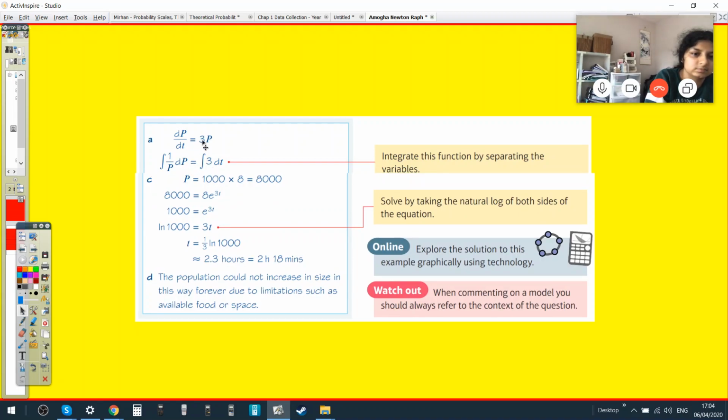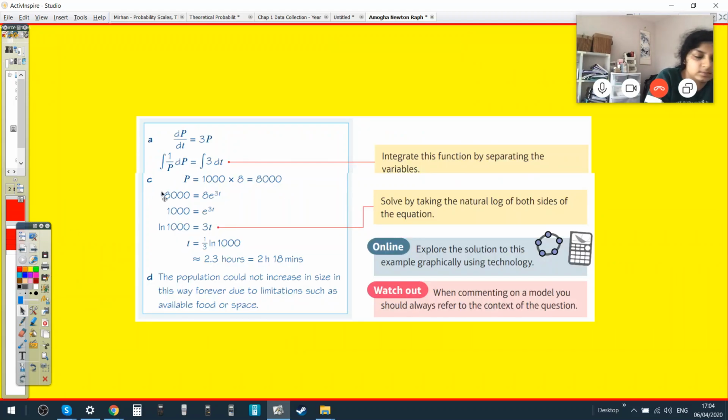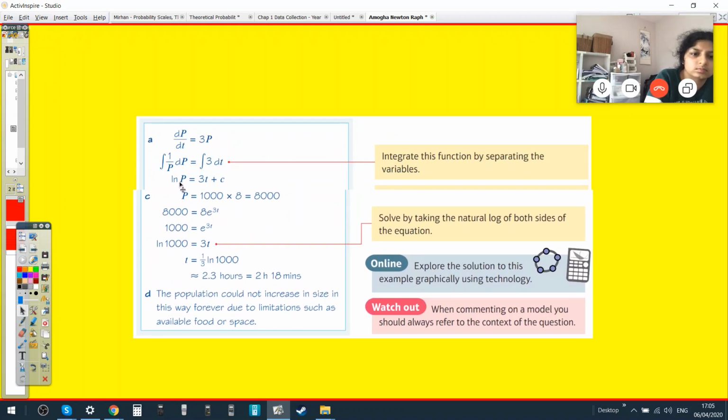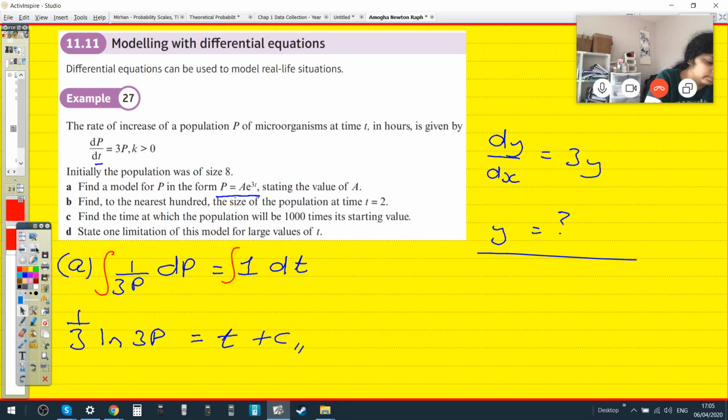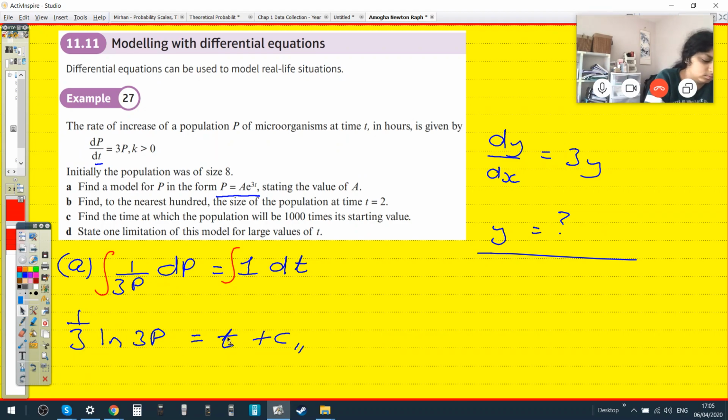Why is that 3? Oh, I did it slightly different. That might make things a bit simpler. Ln p is equal to 3t. So same thing. 1/3 ln 3p equals t. And so they just multiplied both sides by 3.